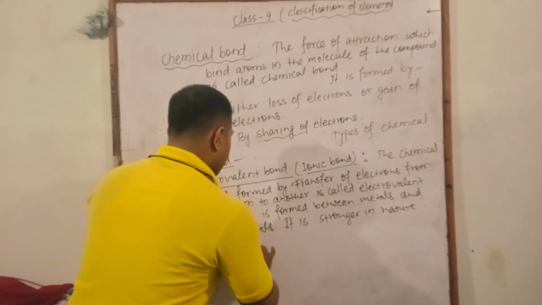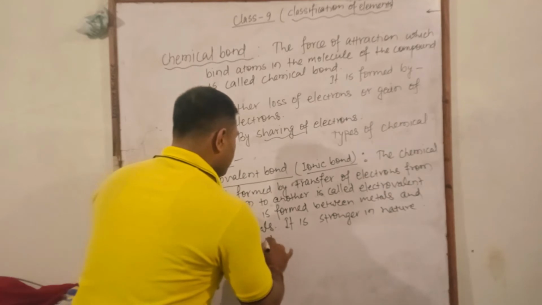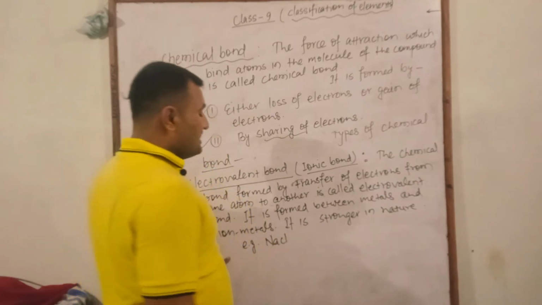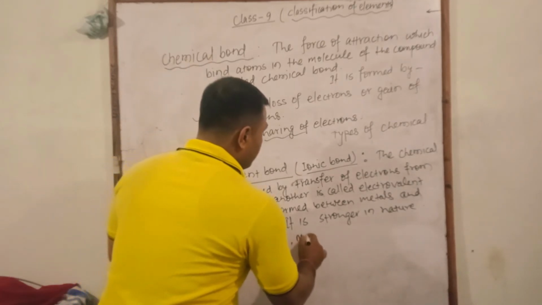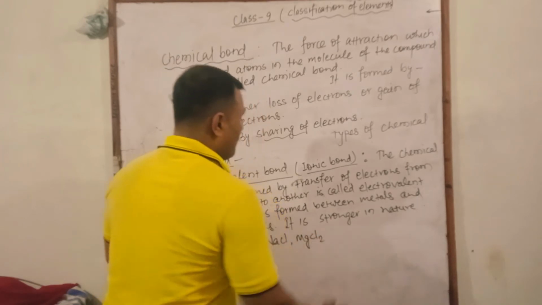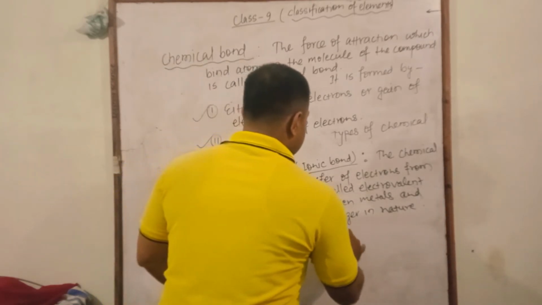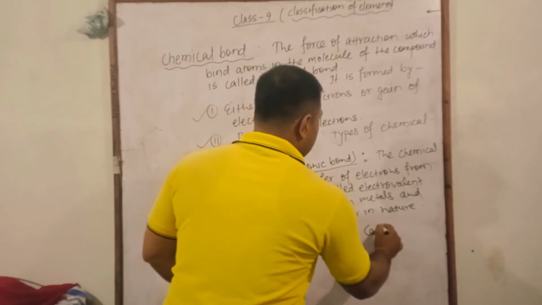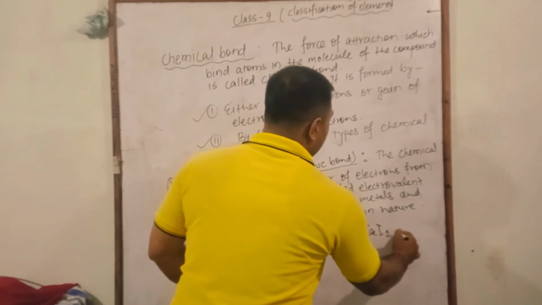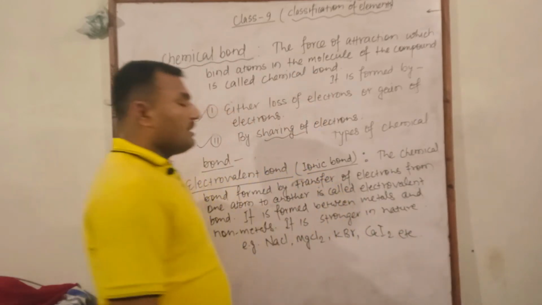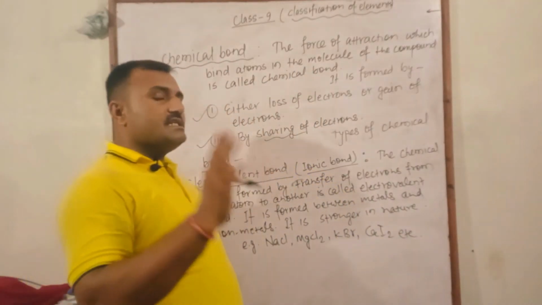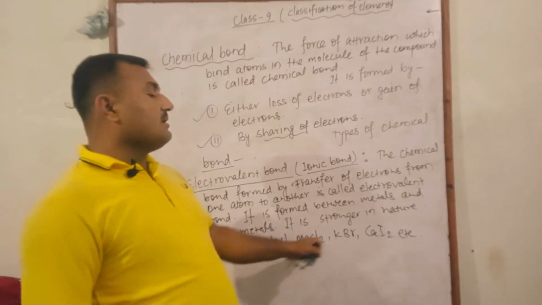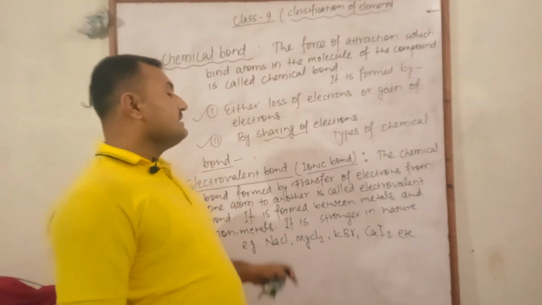For example, this type of bond is found in sodium chloride, magnesium chloride, potassium bromide, and calcium iodide. These are all compounds in which one is a metal and another is a non-metal.